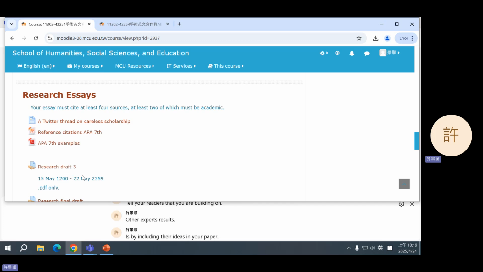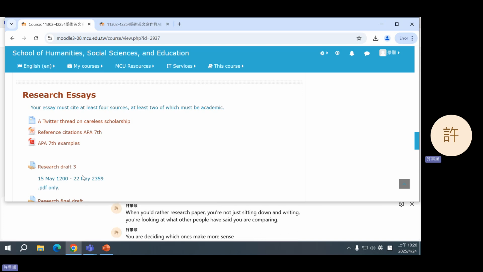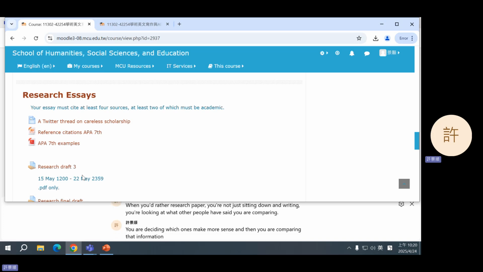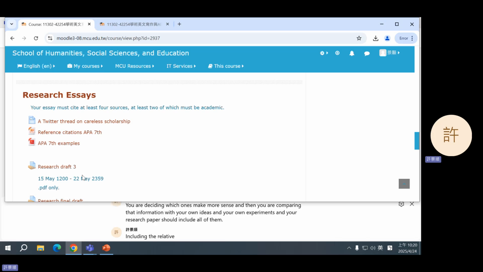When you write a research paper, you're not just sitting down and writing. You're looking at what other people have said, you are comparing, you are deciding which ones make more sense, and then you are comparing that information with your own ideas and your own experiments. And your research paper should include all of that, including the relevant work that other people have done. This is what we mean when we say research.